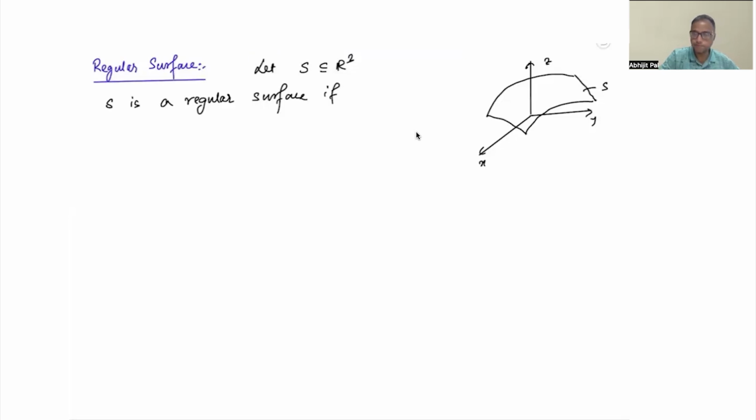If for all P belonging to this S, if I take any point P in S, I can find an open neighborhood of this point P in the whole space R3.